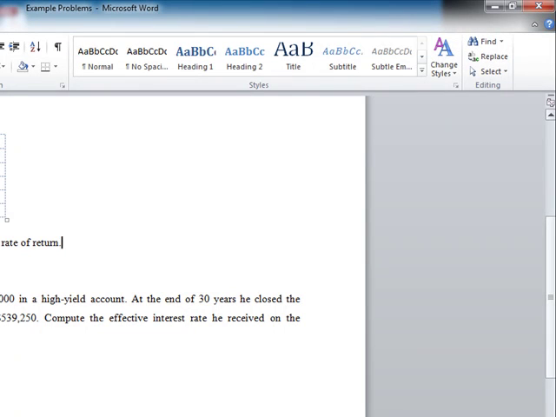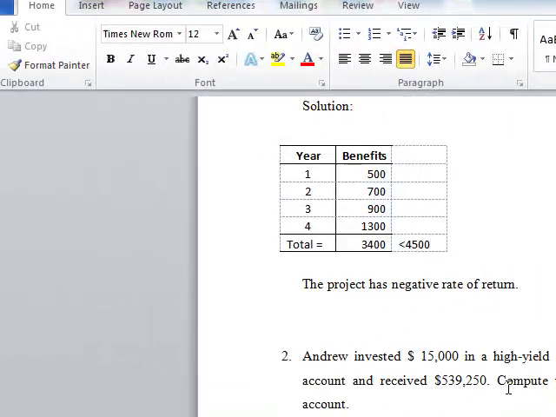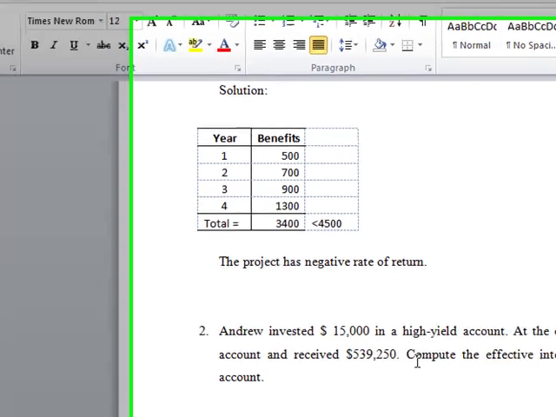Let's read this next problem first. The problem says that Andrew has invested $15,000 in a high yield account. At the end of 30 years, he closed the account and received $539,250.